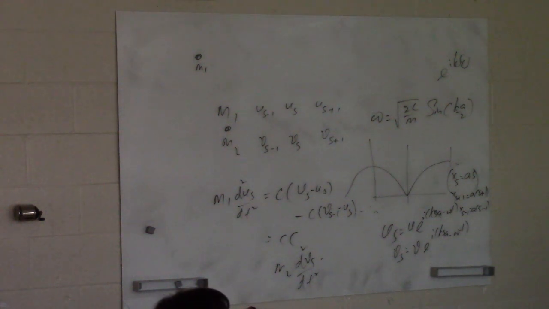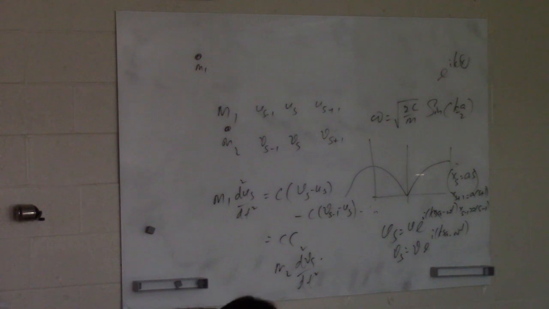Negative means optical, not acoustic, right? Then I will also explain what transverse and longitudinal are. So everybody is familiar with acoustic and optical now. Acoustic means both particles are in phase. Optical means both particles are out of phase.